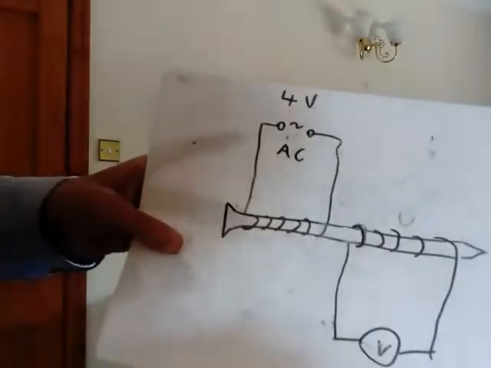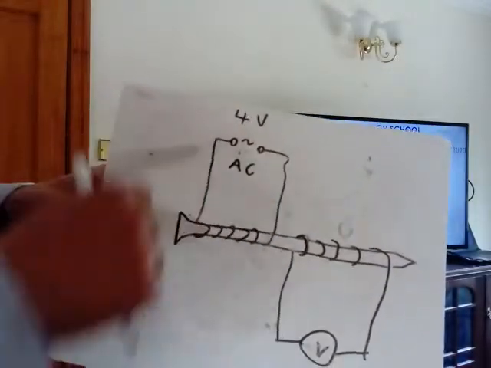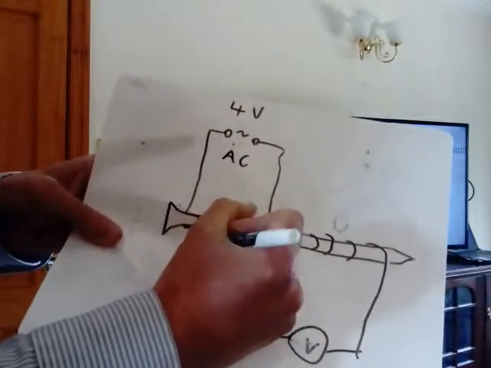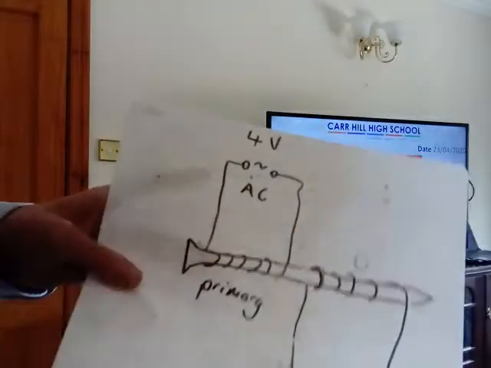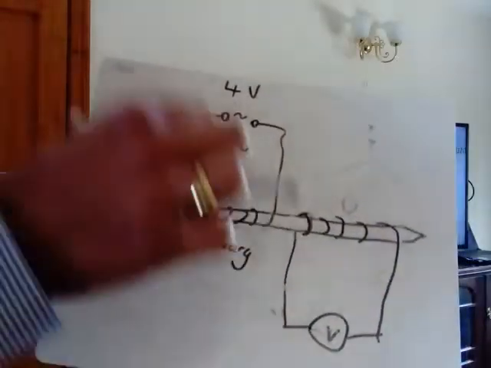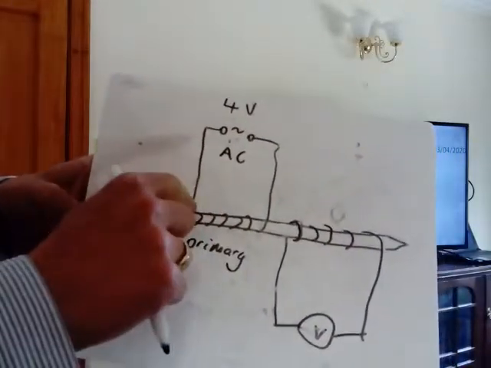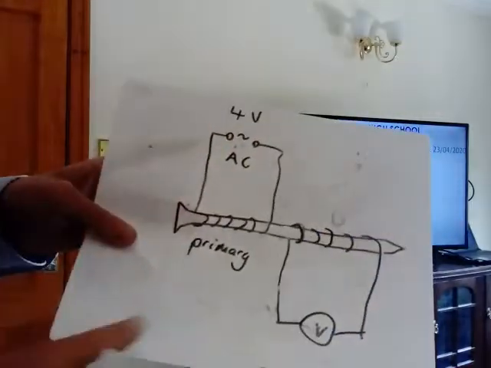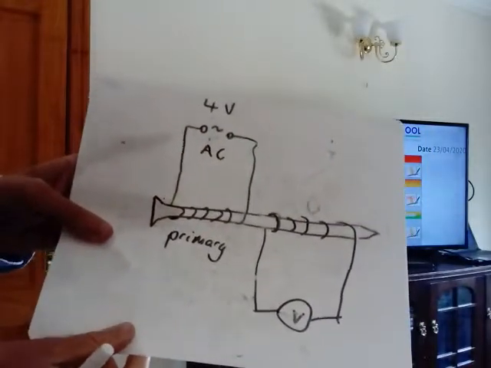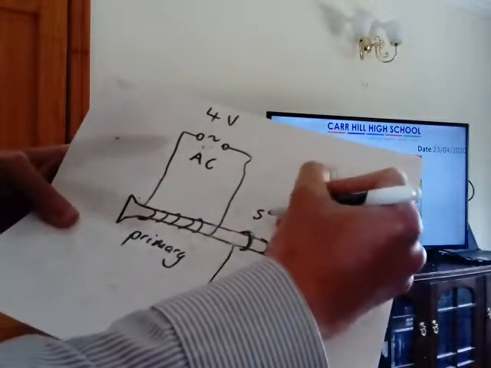So how transformers work is something like this. You create an alternating current in a first coil, sometimes known as the primary coil. You create an alternating current in that first coil, and that makes a switching magnetic field, an alternating magnetic field here, which permeates through the iron.